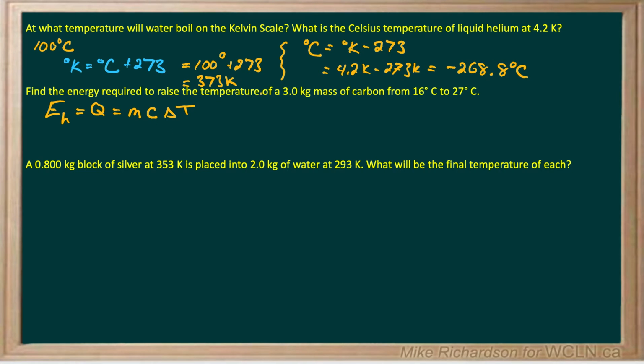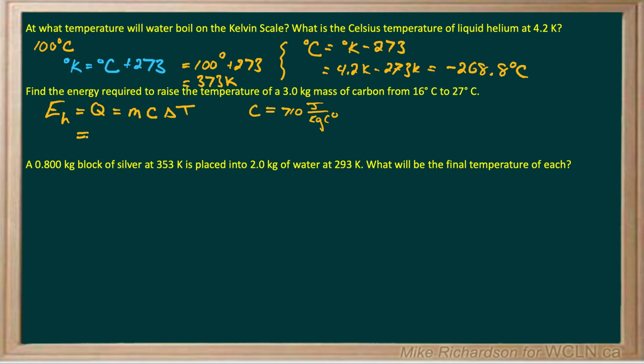We know the mass. The mass is 3 kilograms. I have to look up the specific heat of carbon, and it's on a table on your course. And it turns out the specific heat of carbon is 710 joules per kilogram Celsius degrees. So it requires 710 joules for every kilogram of carbon to change its temperature by 1 degree Celsius.